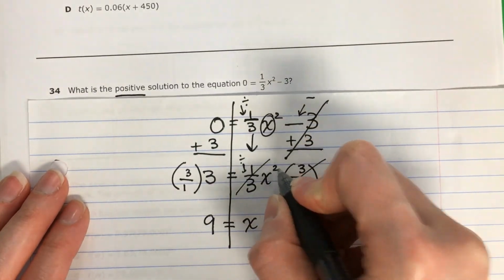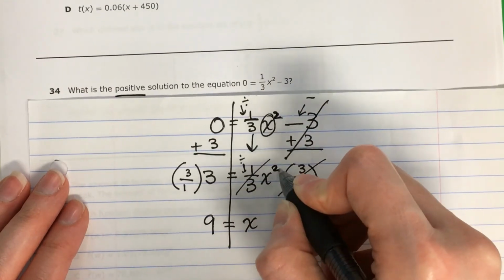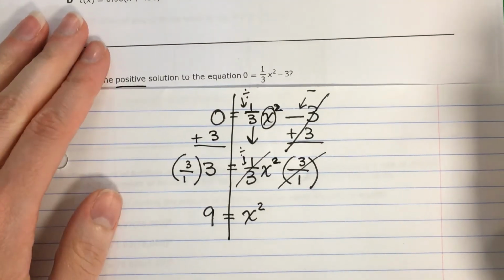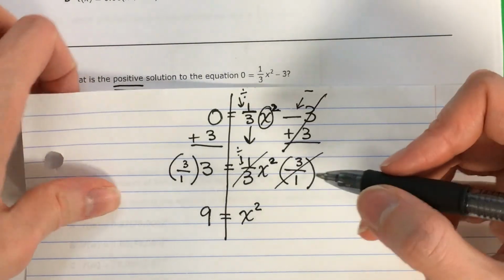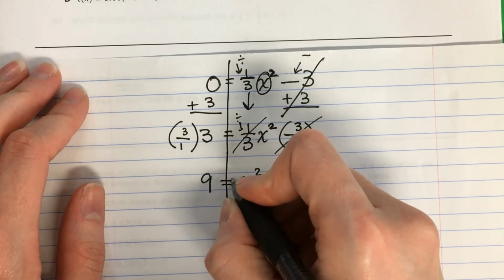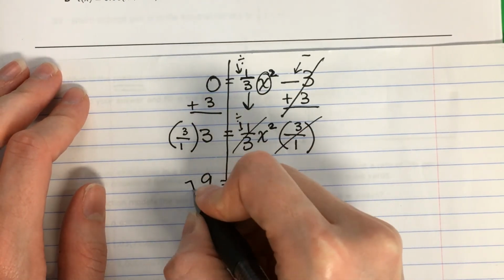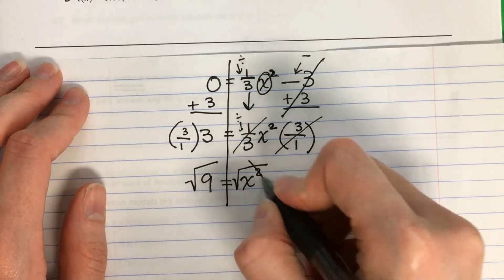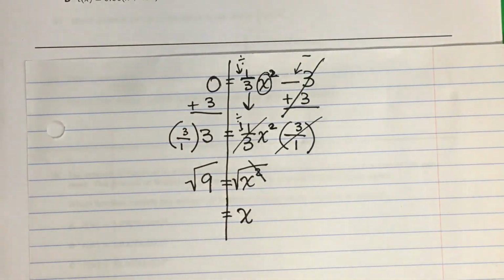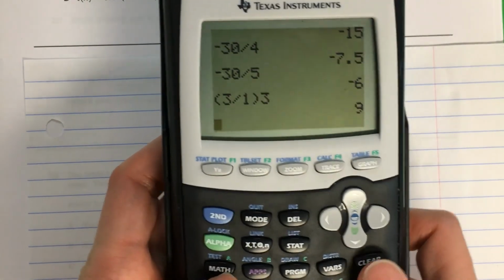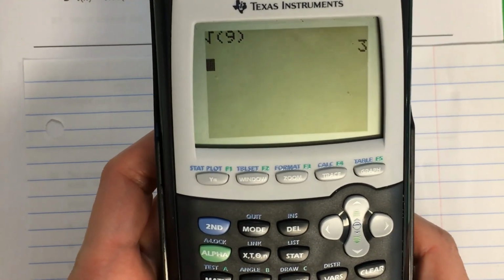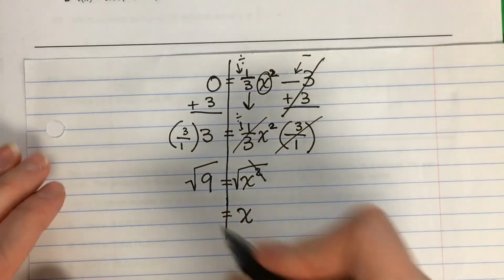Oops, I forgot the squared. So this was an x squared, this was an x squared, this is an x squared. Okay, now I'm not finished because I need to get rid of that squared. What's the opposite of squared? Well, it's square root. So this cancels and you get x equals, what's the square root of 9? Well, square root of 9 is 3.